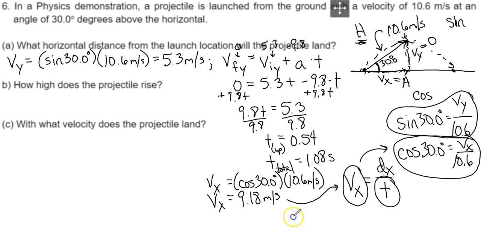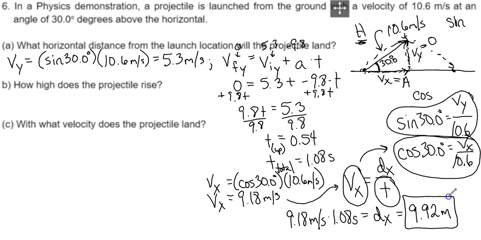So if I take 9.18 meters per second and multiply that by the 1.08 seconds that it spends in the air total, that will give me my distance in the x direction, which is 9.92 meters. So that took care of part 1.